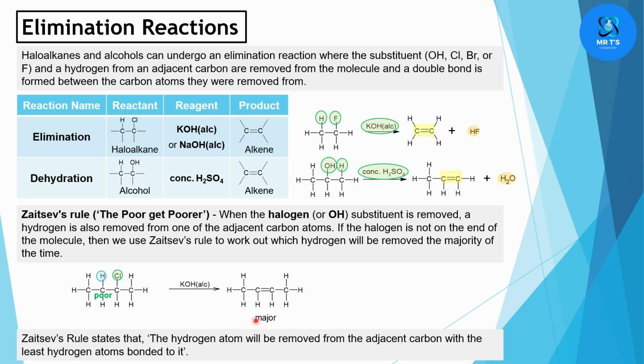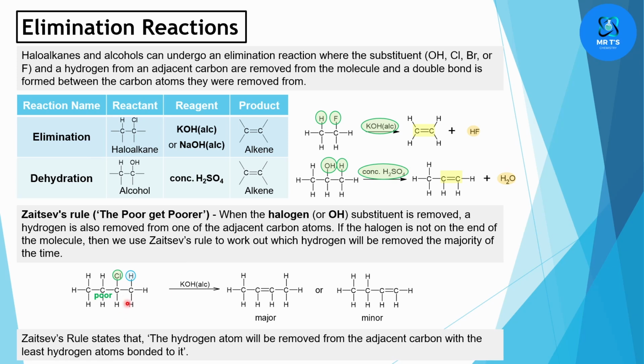Now remember, because there are two options, there is this poor option on the left hand side where there's only two hydrogens attached, or there's the one on the right hand side where there's three hydrogens attached, the rich one. This one happens less often and produces the minor product.